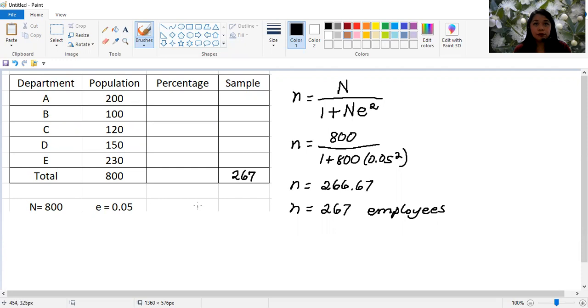The number of employees from each department should also be the same proportion as that of the population.